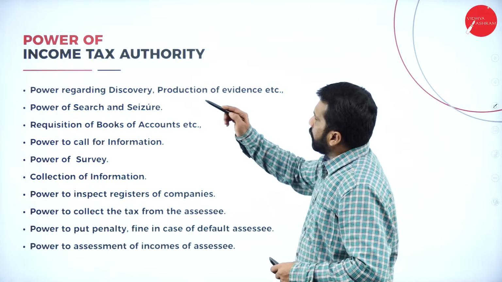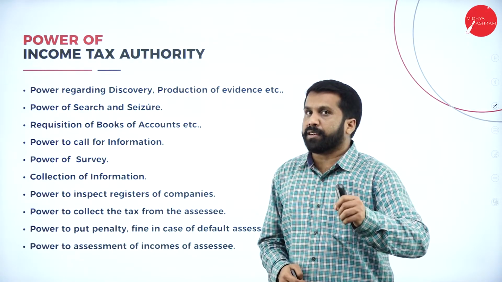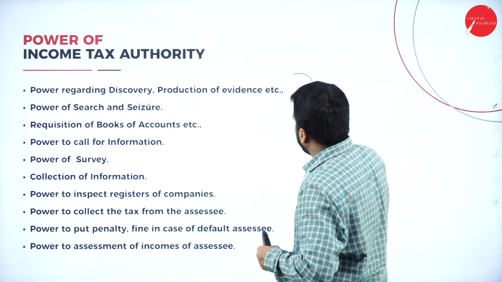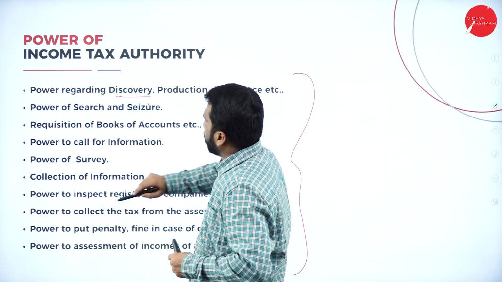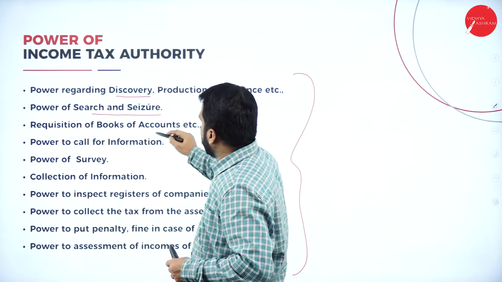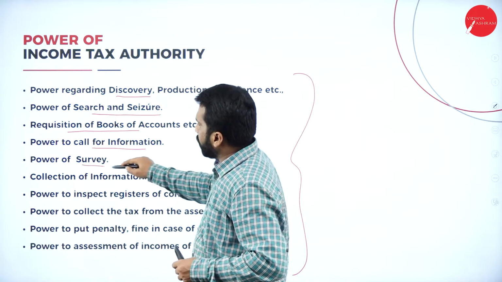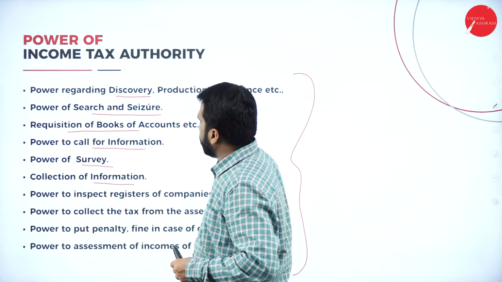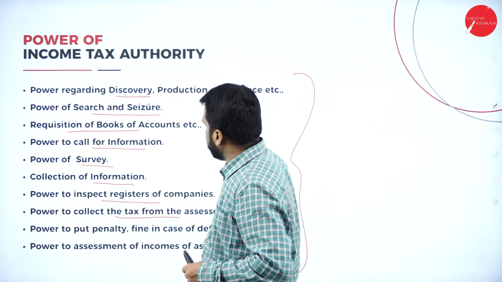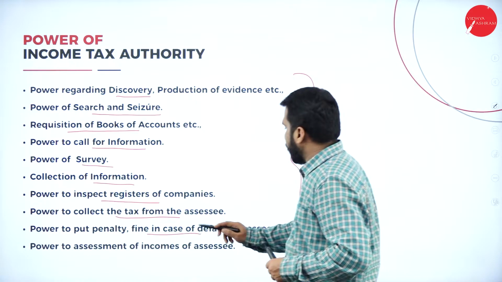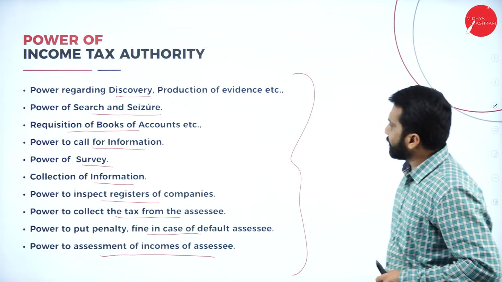Now, power of income tax authority. What is that? This is not much important, but also refer to discovery, search and seizure, and requisition of books, power to call for information, power of survey, collection of information, inspect registered companies, collect the tax from the assessee, fine and penalties, and power of assessment of incomes of the assessee.